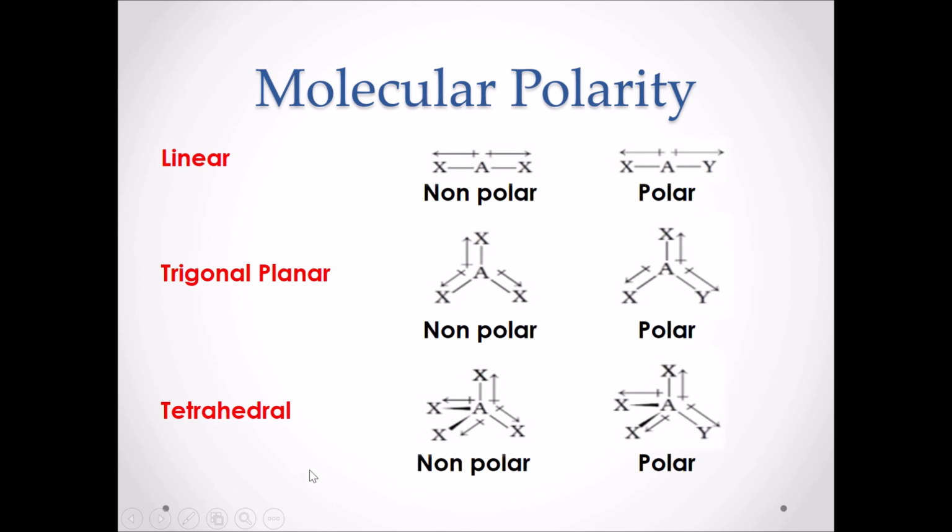And again, this also applies to tetrahedral. When we have A and 4 X atoms bonded around it, we have a nonpolar molecule. But the moment, again, we change one of the X's to a Y, the bonds will no longer counteract each other, and this molecule will be polar.